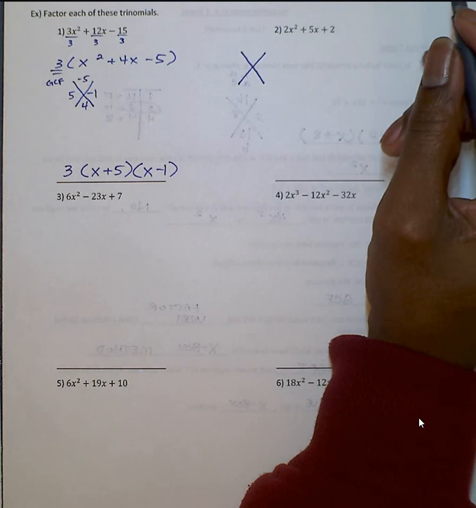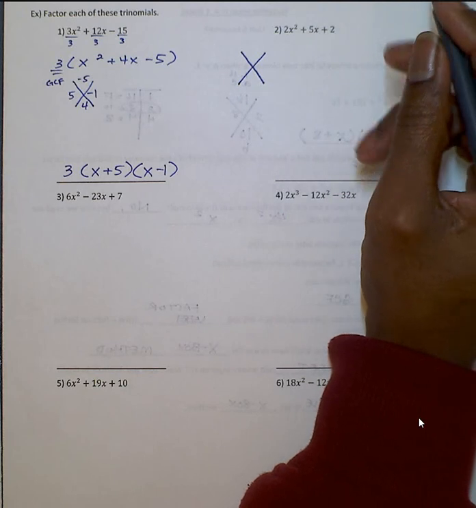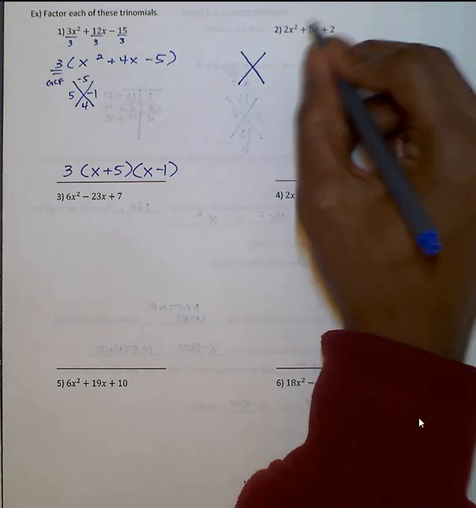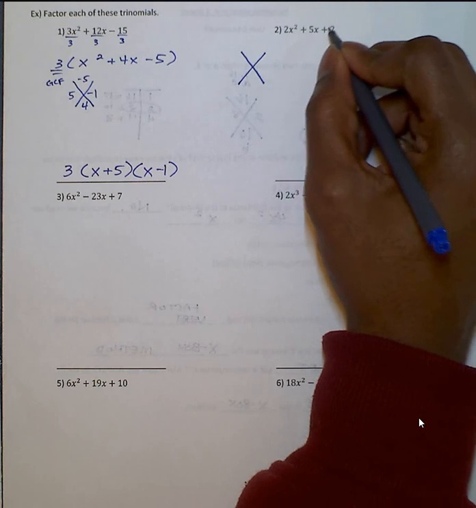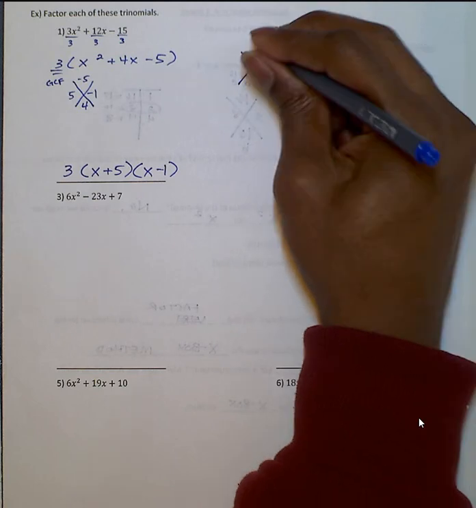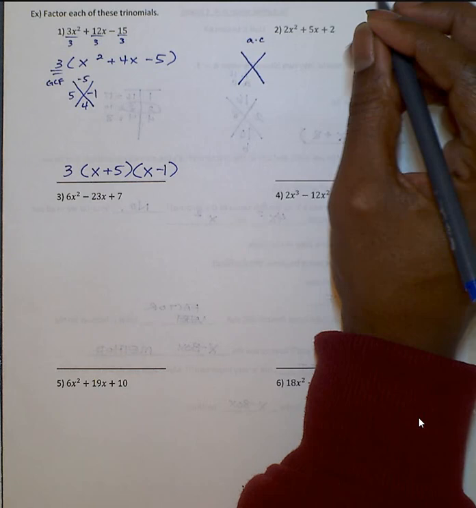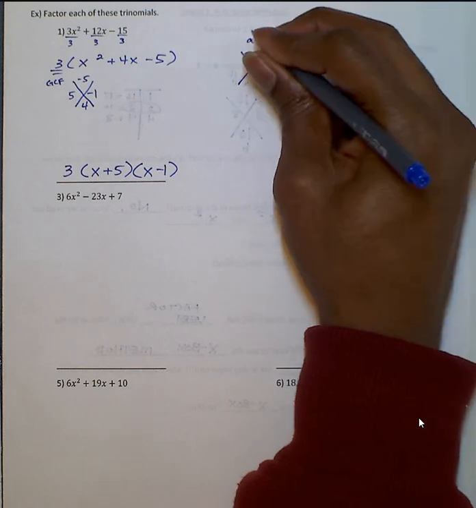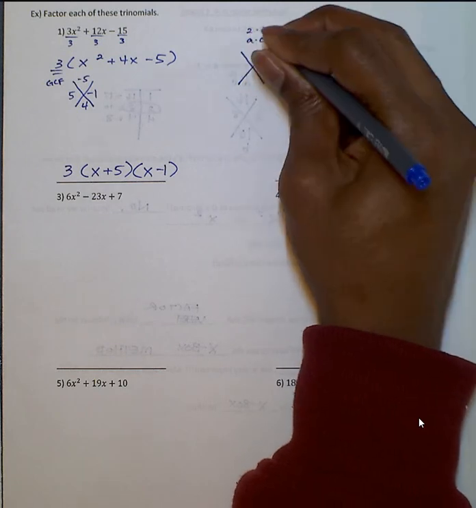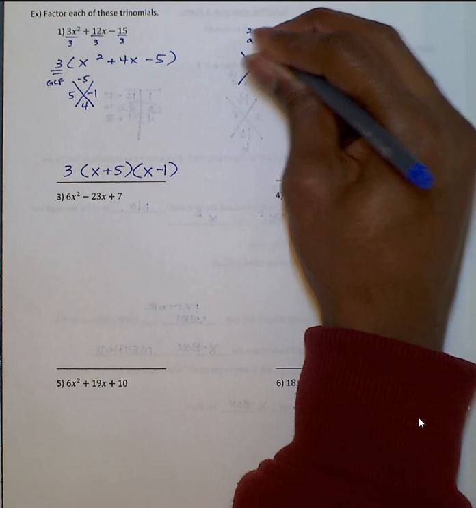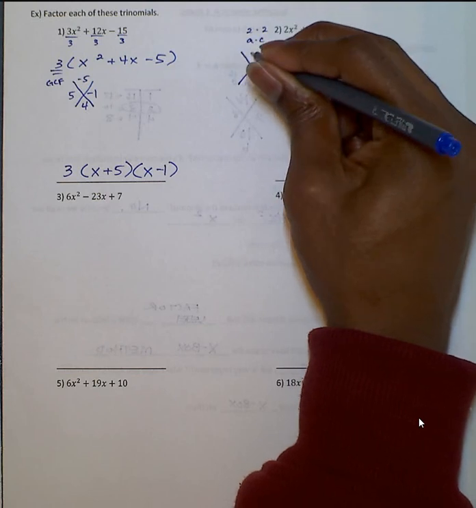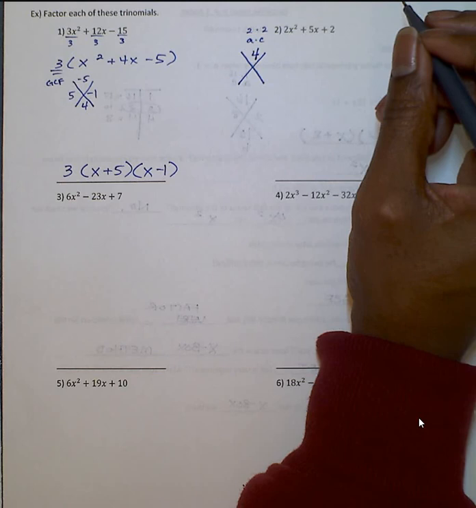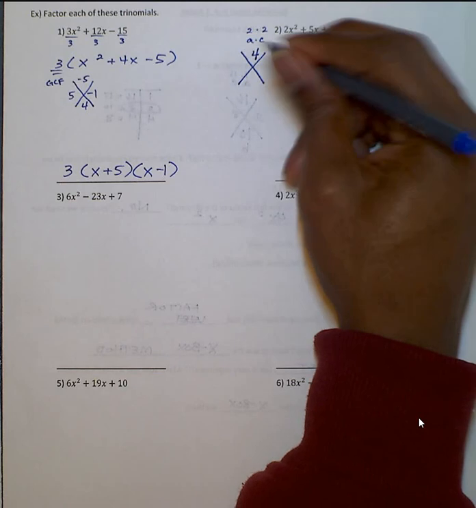Okay. So in our X, what we're trying to do, we will find two numbers that multiply to give us A times C. In this case, A is 2 and C is 2. And so our two numbers will multiply to give us 4. Okay, so this is the difference now that A is not 1.